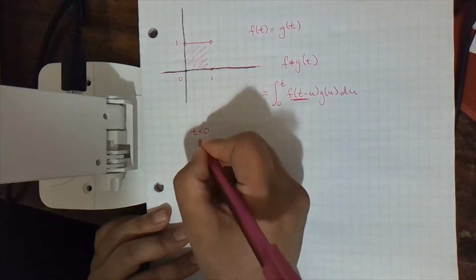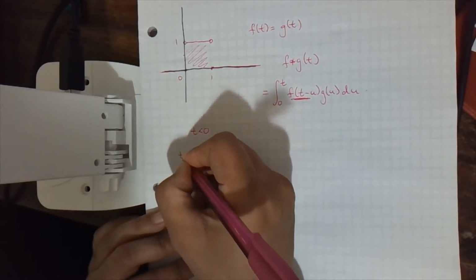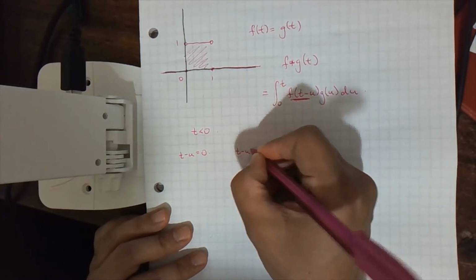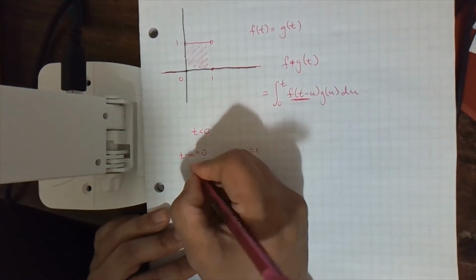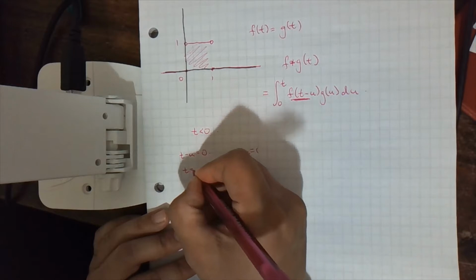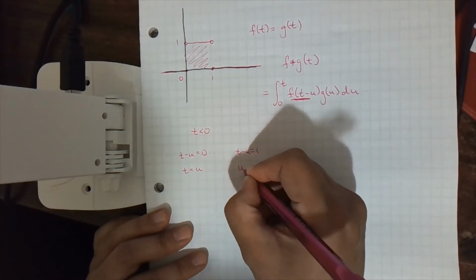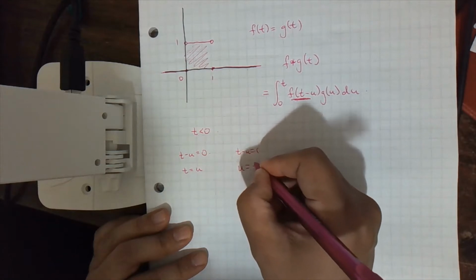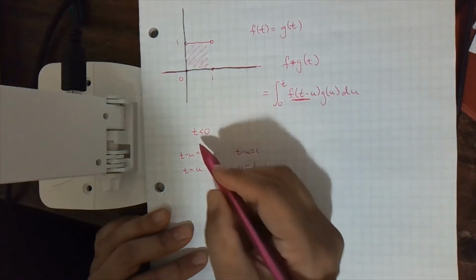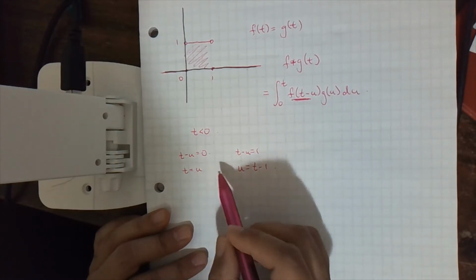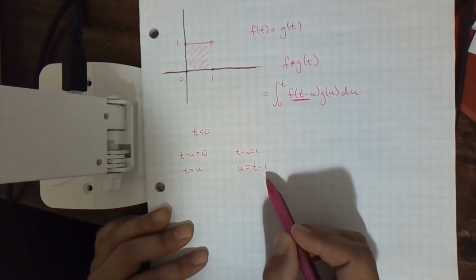So we need to look at setting t minus u equal to 0 and setting t minus u equal to 1 to figure out what f looks like. t minus u equals 0 means t equals u. t minus u equals 1 means u equals t minus 1. So if t is less than 0, we're going to have jumps at t and t minus 1.